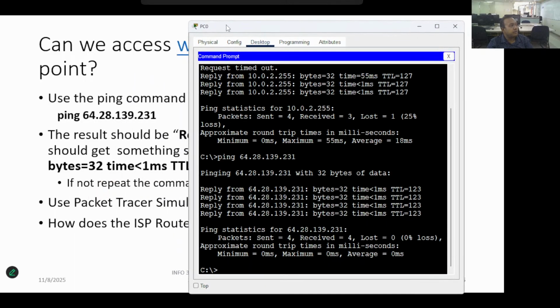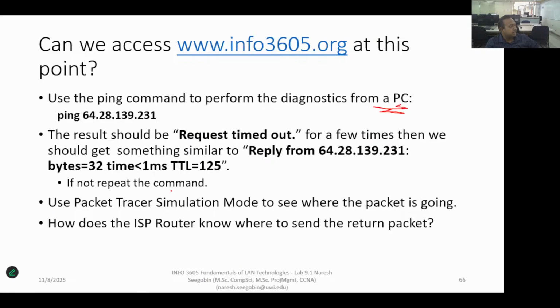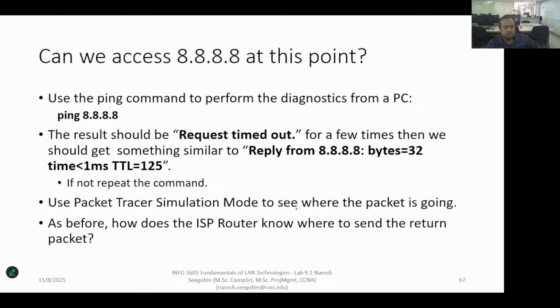Now we get immediate replies. Why? Because the router I did the ping on learned all the MAC addresses across the devices. Remember, this is Packet Tracer, starting with empty MAC address tables on the routers too. You notice there are no smart switches. So if we repeat it again, it should be fine. I'm not going to worry about simulation mode at this point. We can check that later.